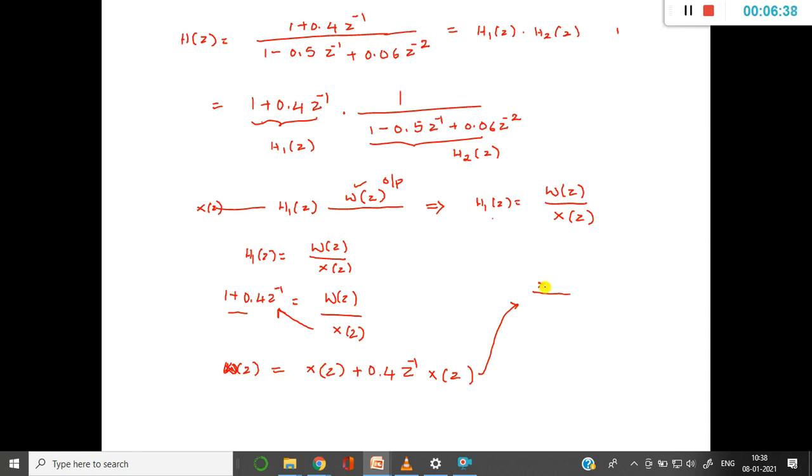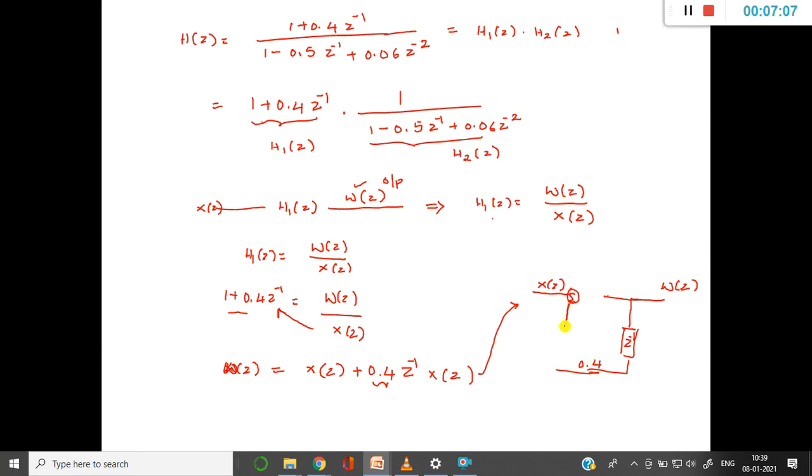X of z is my input and W of z is my output, the intermediate output. Now W of z is nothing but the summation of X of z with a one-unit delay z inverse, and this z inverse has a weight of 0.4.